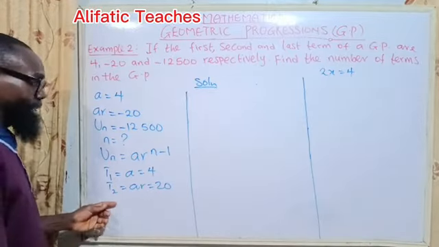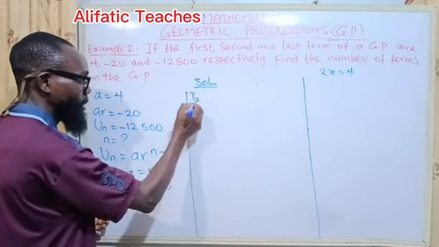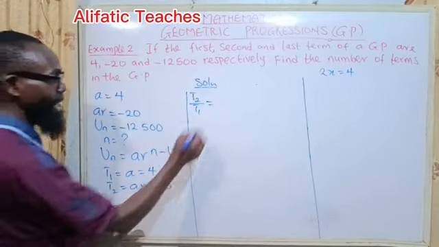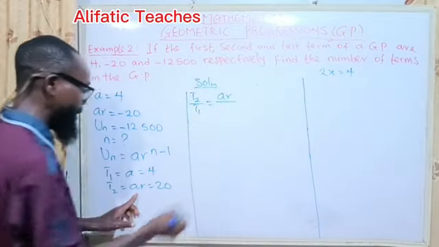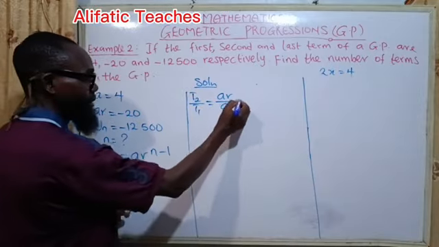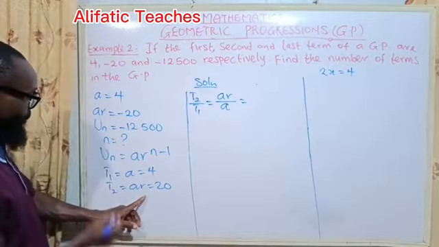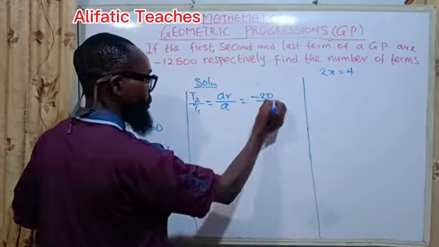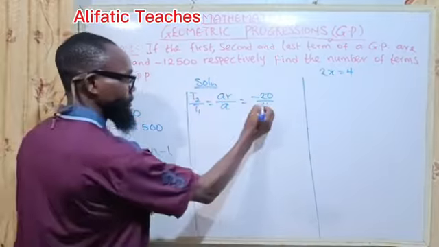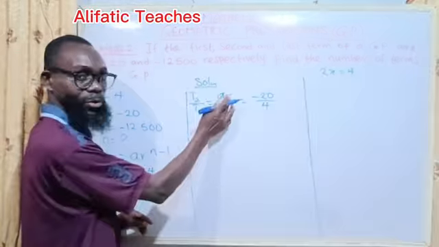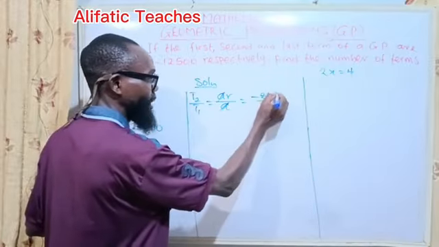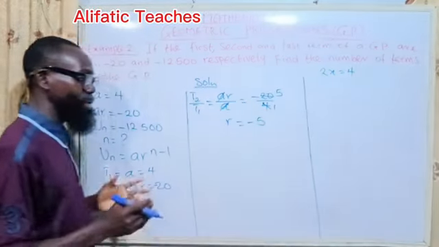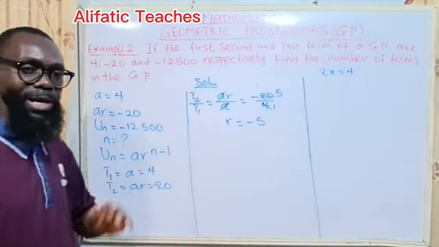So let us now go this way. T2 over T1 equals ar over a. Then what's our ar? Don't forget it's minus 20, not 20. Minus 20 over 4. A cancels a, our r is out. 4 here 1, 4 here 5. So r equals minus 5. We've gotten our common ratio to be minus 5.